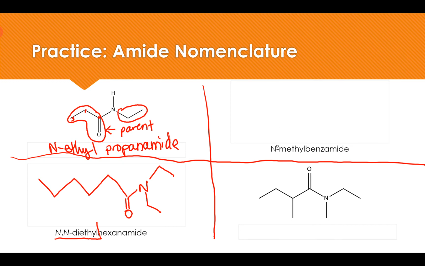Now let's talk about N-methylbenzamide. Benzene has the ring structure like this. And so this is benzamide. It also looks like aniline. And then this is N-methyl.